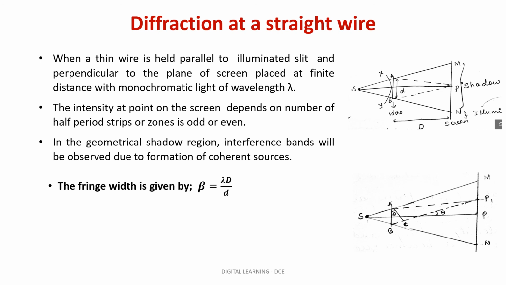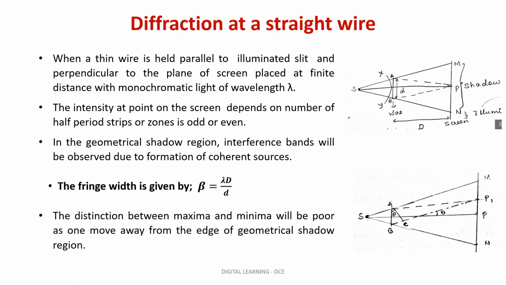That is, lambda is the wavelength of light, capital D is the distance between the wire and the screen, and small d is the length of the wire. The distinction between maxima and minima will be poor as one moves away from the edge of the shadow region.